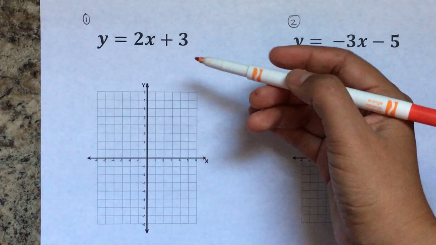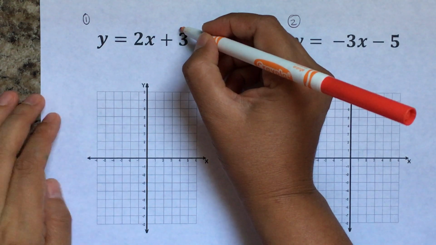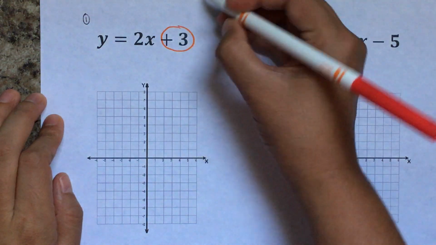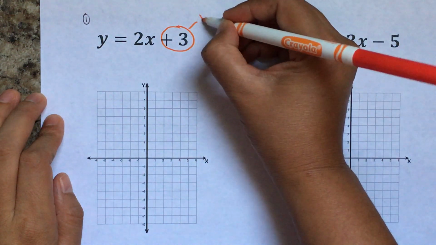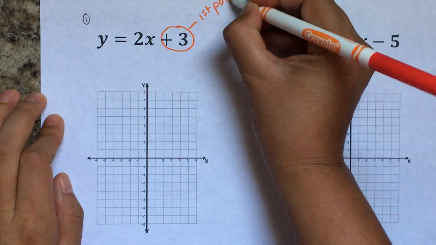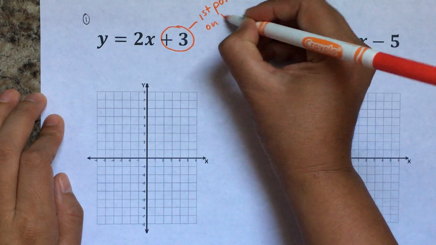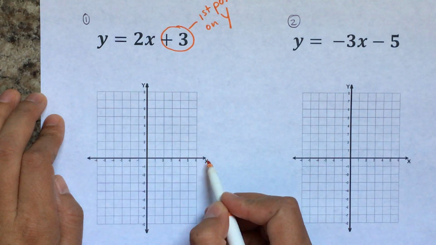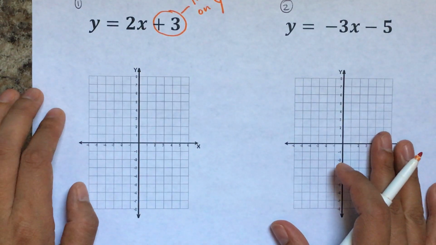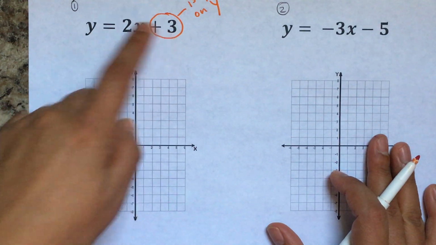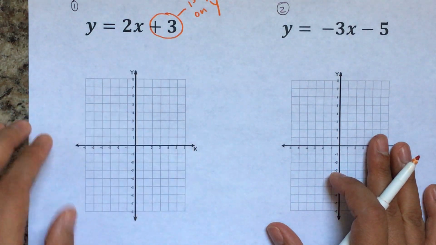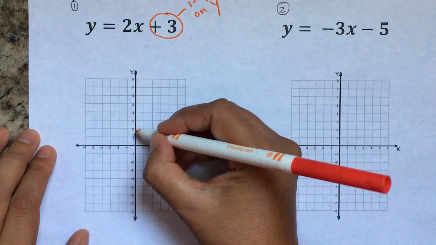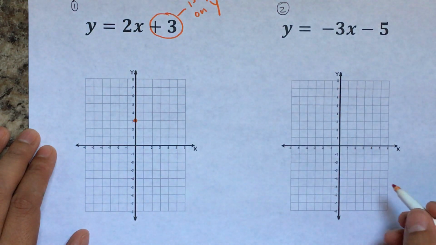So this is always going to be my y-intercept, meaning the first point. Okay, first point on y. And this is my y-axis. This is my x-axis. It's already labeled. So that's my initial point on y. Since it's positive 3, it's going to go up 3. 1, 2, 3. That's my first point.